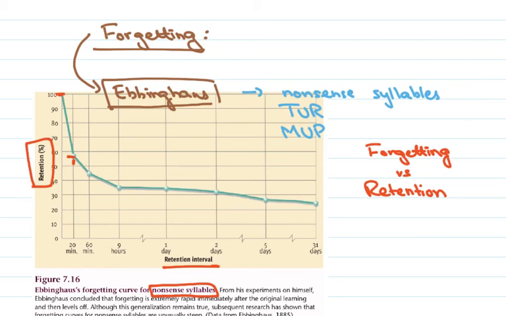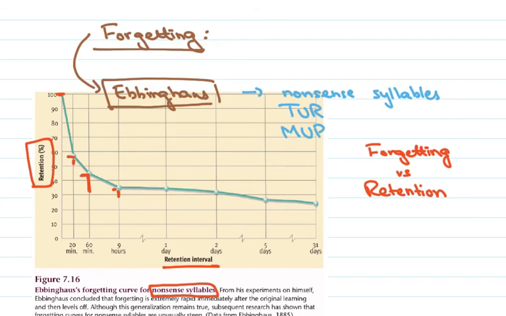And you have here that more than 50% of it is lost within the first hour of having learned it. And then within 99 hours, only slightly more than 30% is retained. And then the curve sort of becomes more stable.